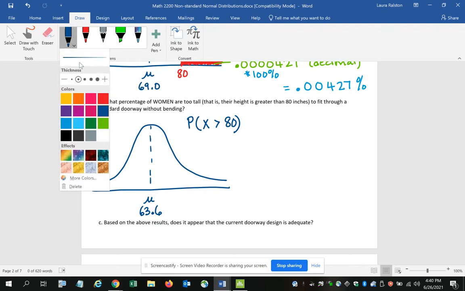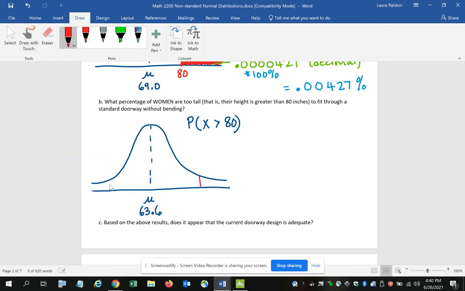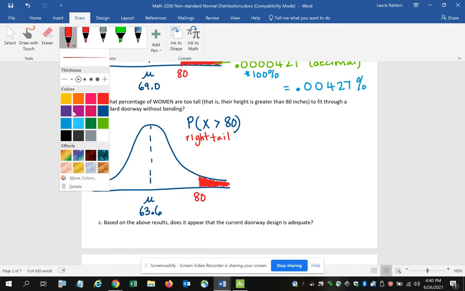Again, thinking about that in terms of my graph, 80 is definitely higher than 63.6, and I want to be greater than that, and greater than would be to the right of 80. That's where I would find numbers greater than 80. So again, this graph is right tail because I am looking for the percentage or the probability.